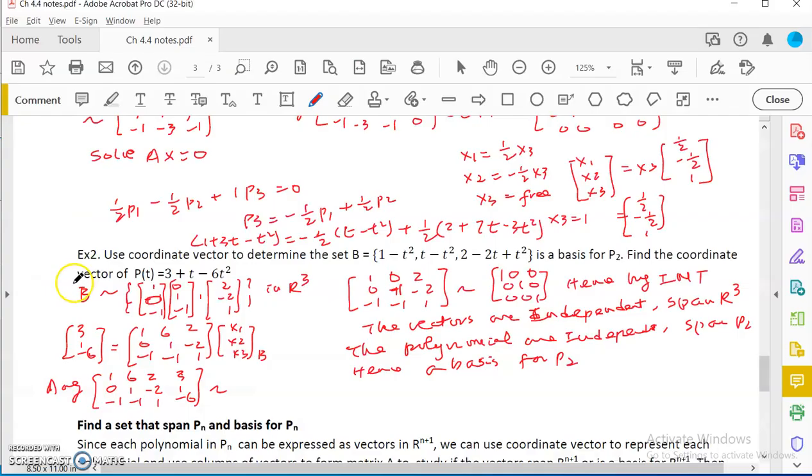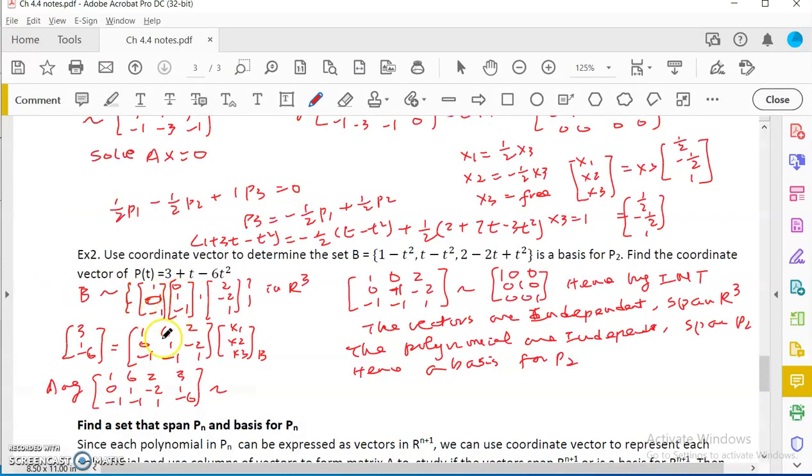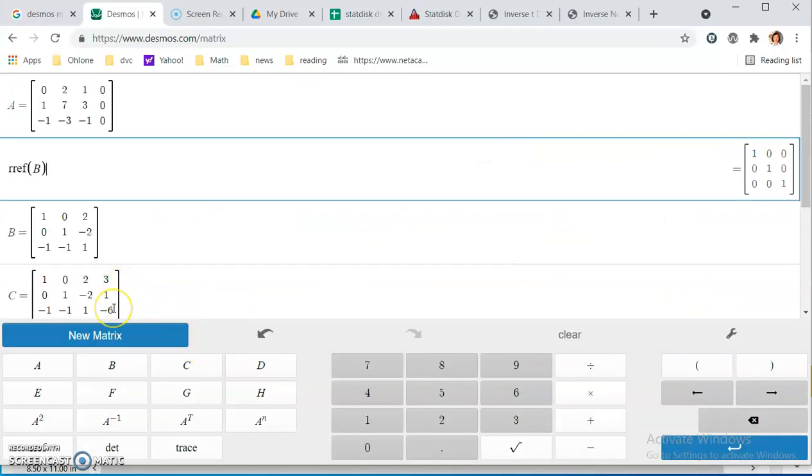I have it already, so I just need to row reduce it to solve.